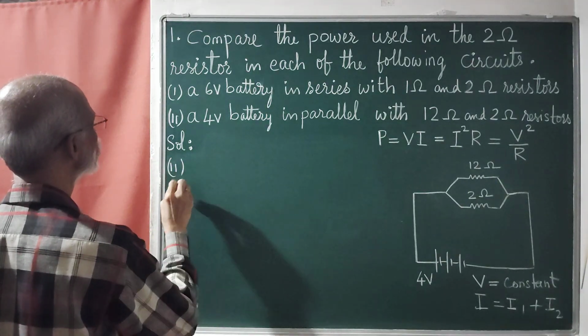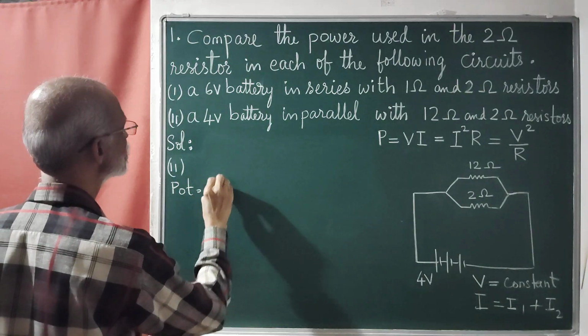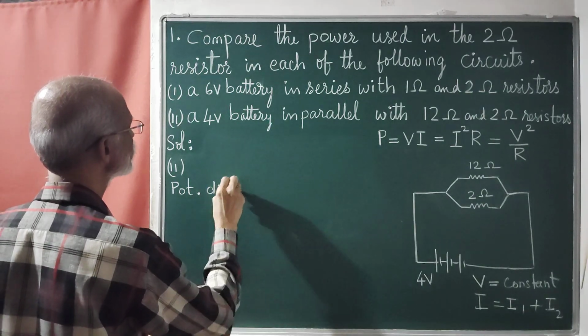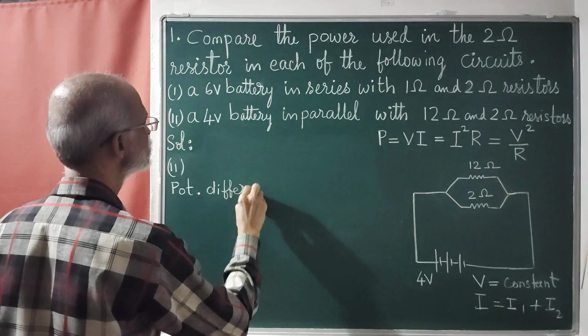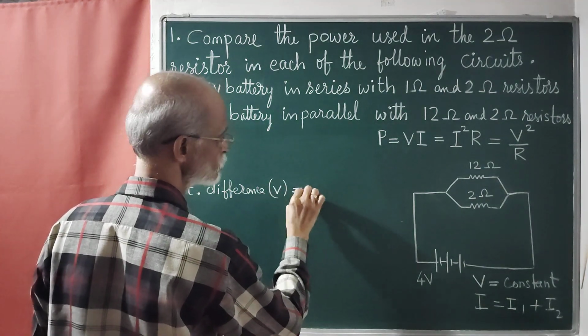Second one, potential difference, V is equal to 4 volts.